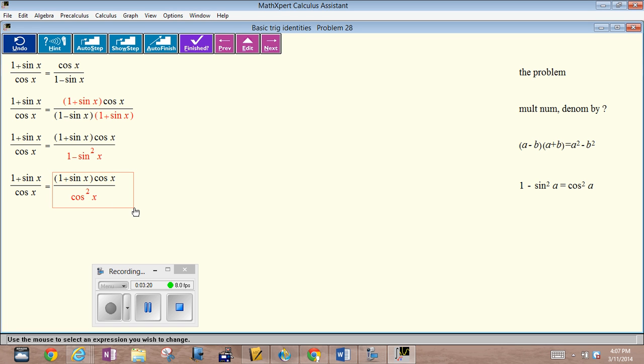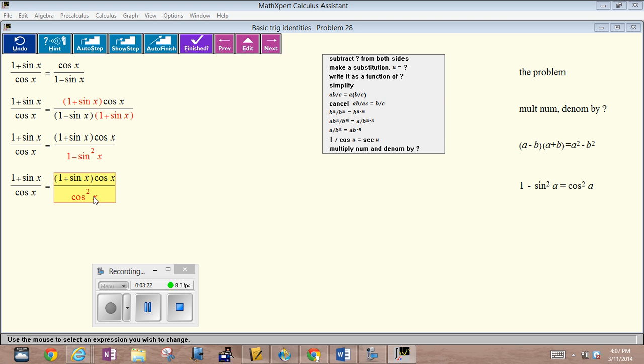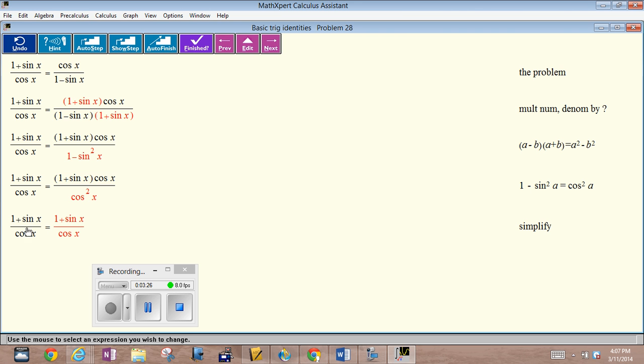And then we're going to be able to cancel the cosine between the numerator and denominator, simplifying that, and we're back over to the left side. So this one I worked on the right side until it came down to the left side. You could have done the same thing over here. You could have chosen to, with the left side, multiply by 1 minus sine of x over itself. So we're going to look at a couple more.